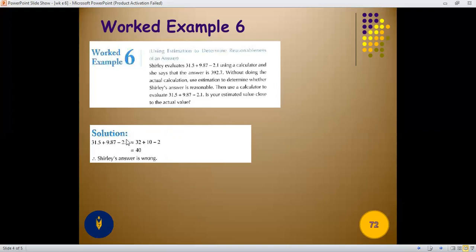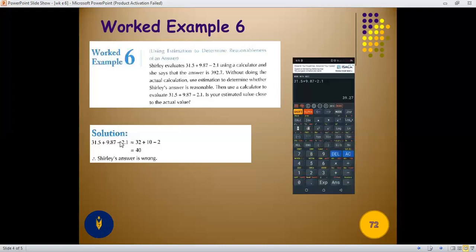Okay, so when you add according to BODMAS rule, 32 plus 10 minus 2, so 32 plus 10 is 42, and 42 minus 2 is 40. So if we compare Shirley's answer with our estimated answer, then we can see that Shirley's answer is not reasonable, it's wrong.